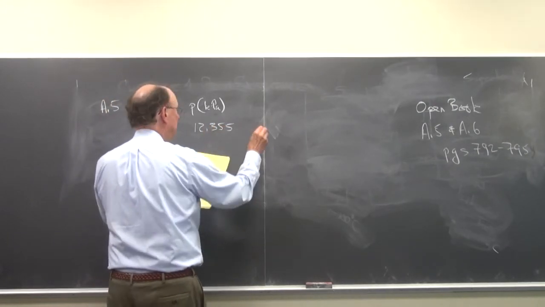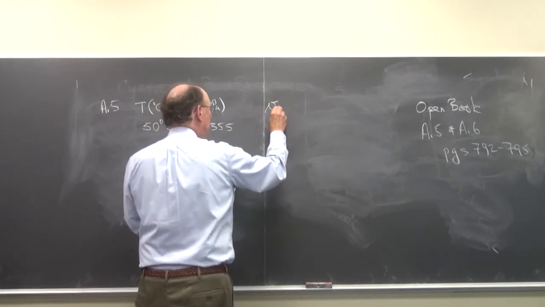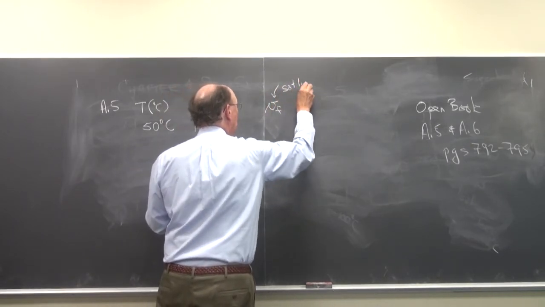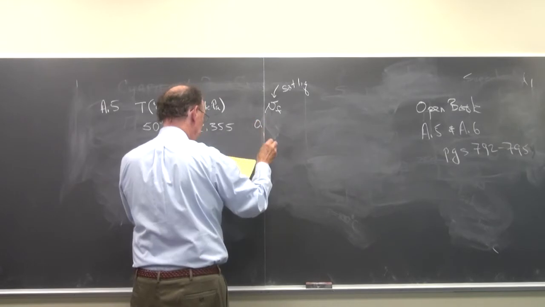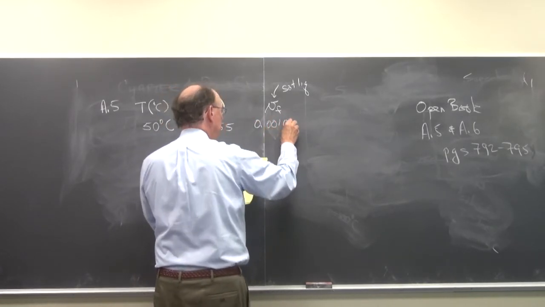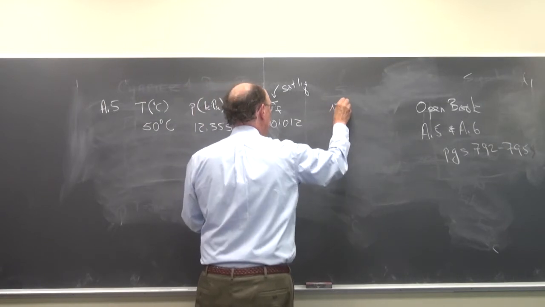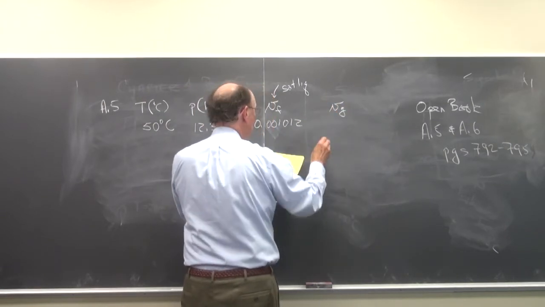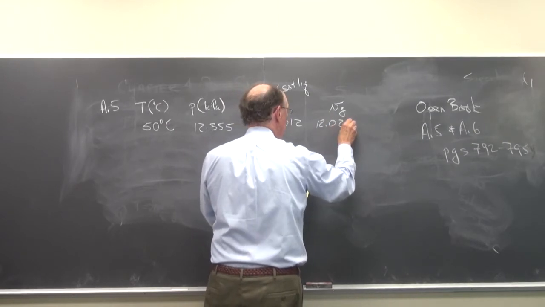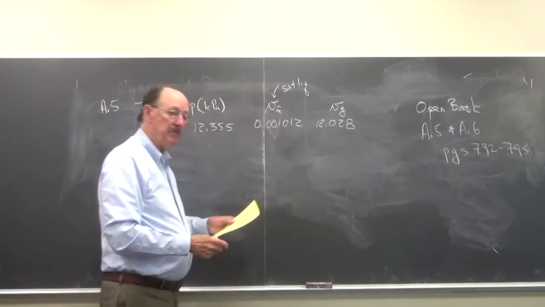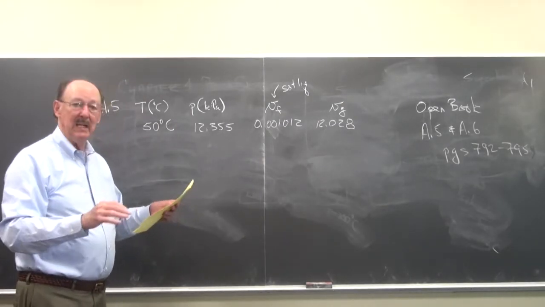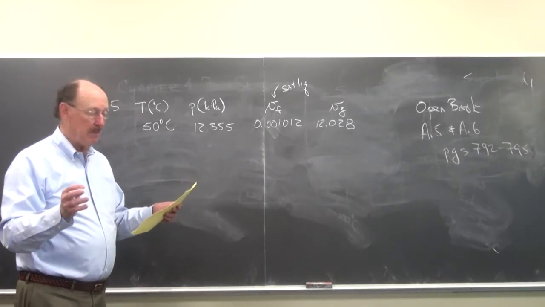I could look up the specific volume v sub f, so this is your saturated liquid, and this is 0.001012, and v sub g is equal to 12.028. So you should just check to see that you can find these values. So this is finding the values in table A5.